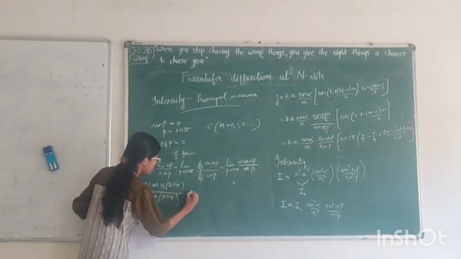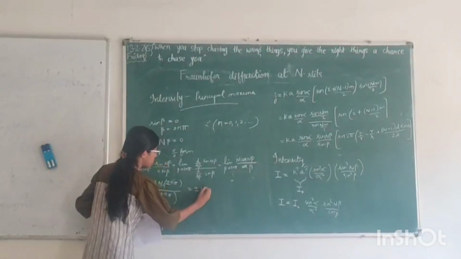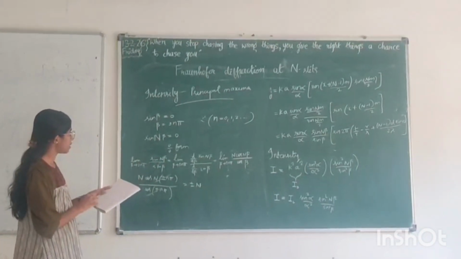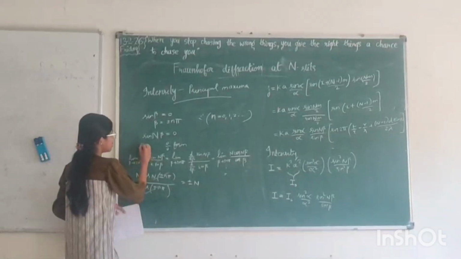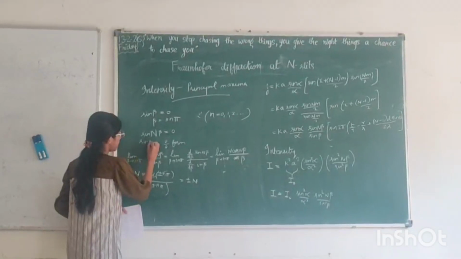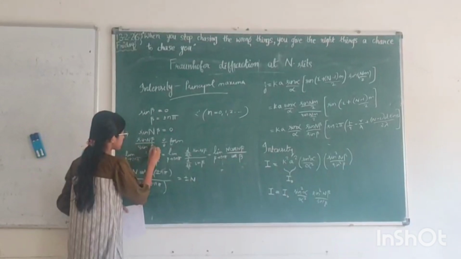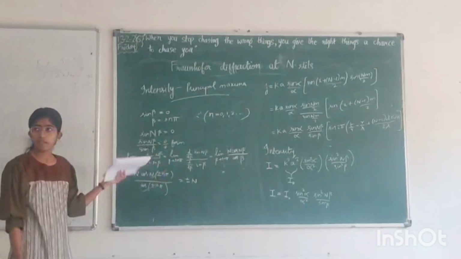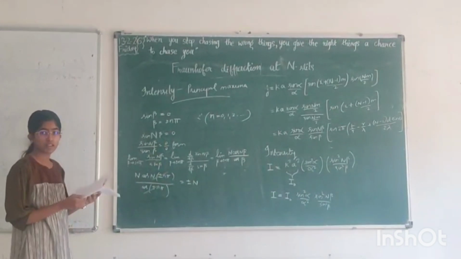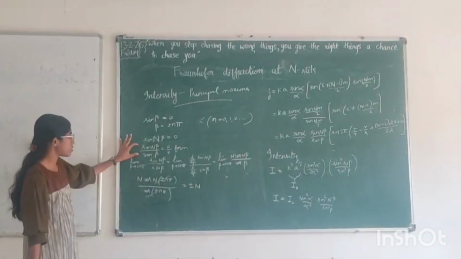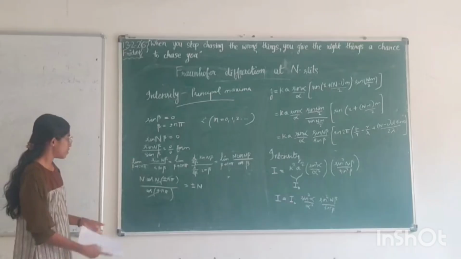We have plus or minus n. So the value of sin n beta by sin beta, this ratio, will be plus or minus n.